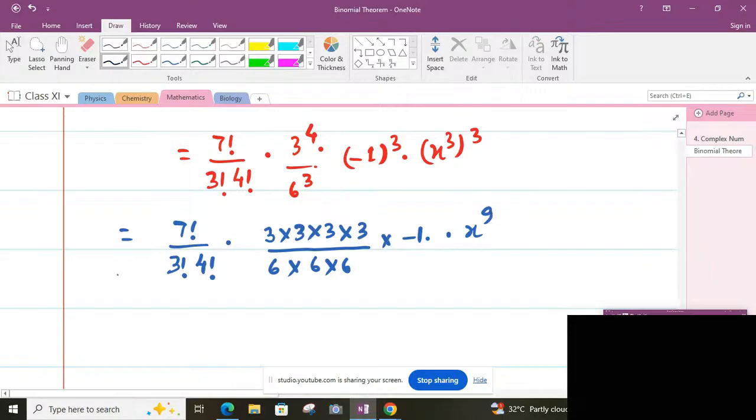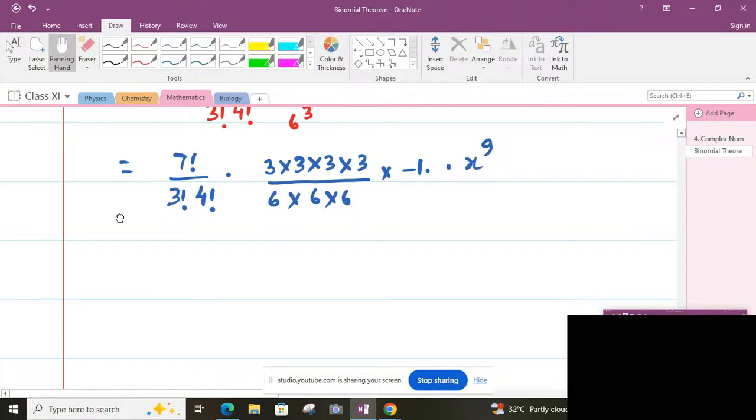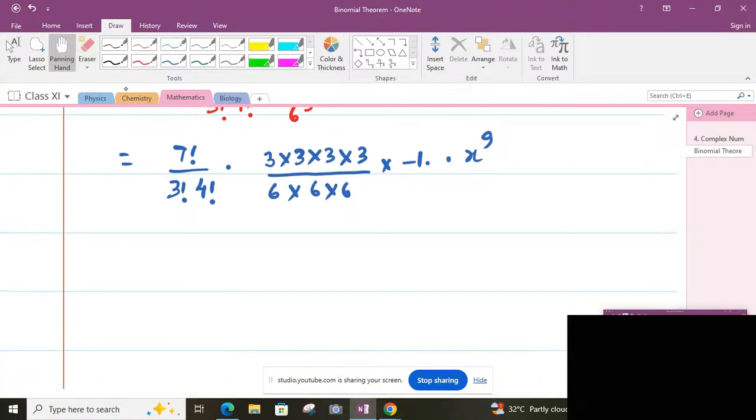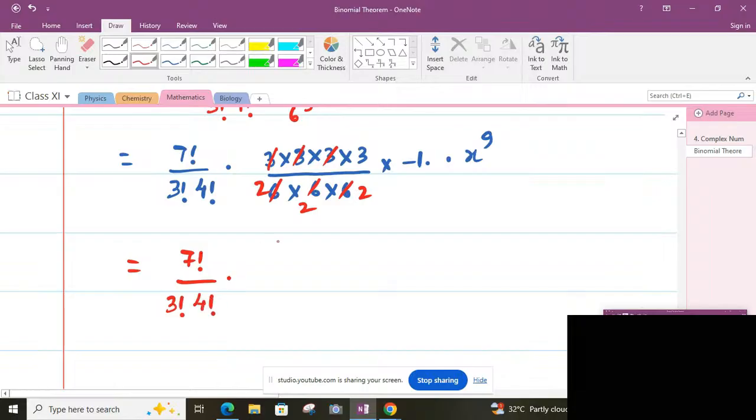So the last step here will be, here we cancelled out 3 to the 6, 3 to the 6, 3 to the 6. So last step here will be factorial 7 by factorial 3 into factorial 4 into, here will be 3 by 4. 2 to the 4, 4 to the 8.